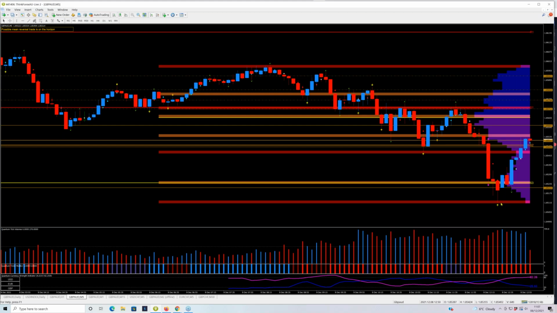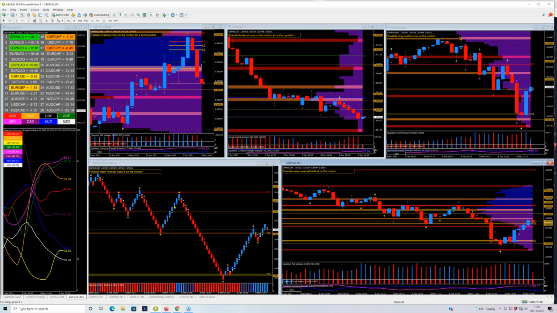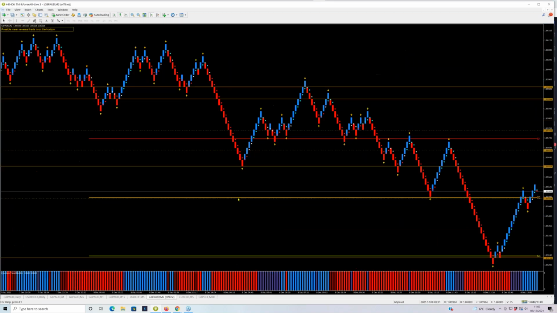It did come off this strong support, but it comes down to you as a trader. You also got the S3, so you could say, yeah, that's great, I like to see that, but I'd like to see it also break away from the S3. Or you could say, yeah, I can see that on the Renko. That's the in-between kind. Yeah, you're going to miss part of the trend. Of course you are. Nothing's perfect in this game.